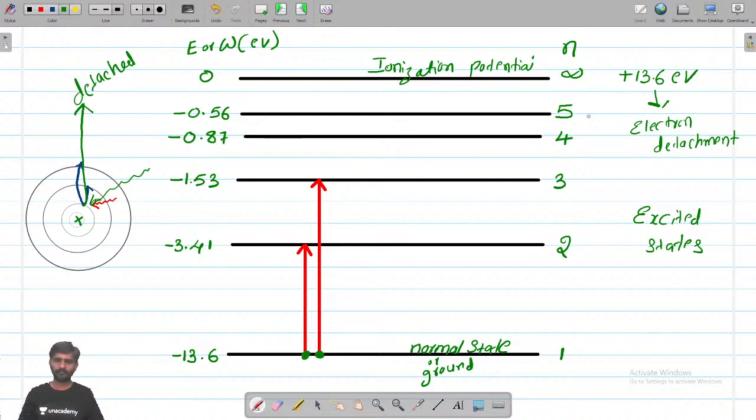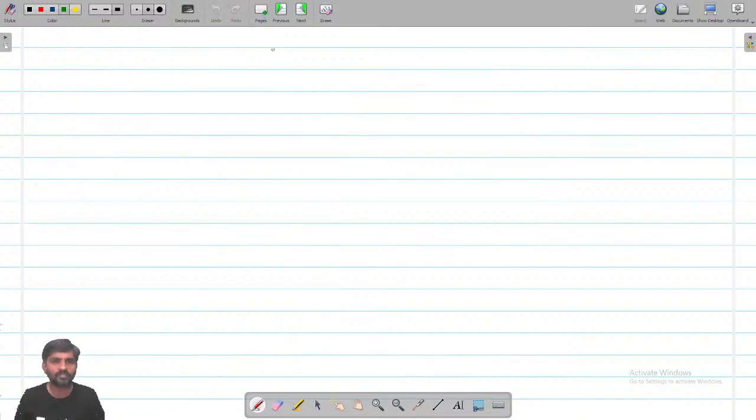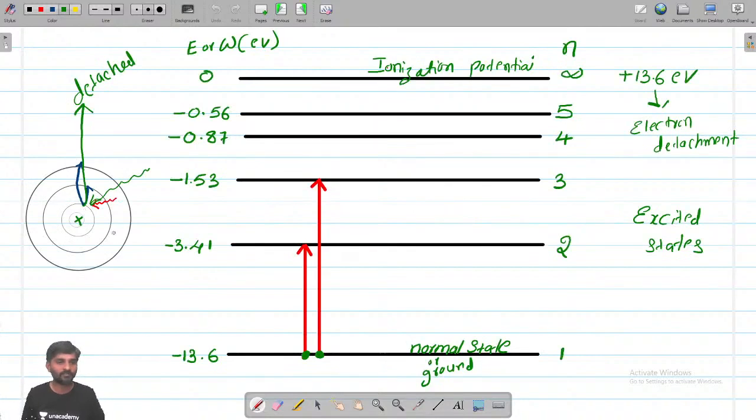Now, before talking about this, how can you make this happen? Let's say some electron is present here, and some electron is present here. How can it move from this level to this level?